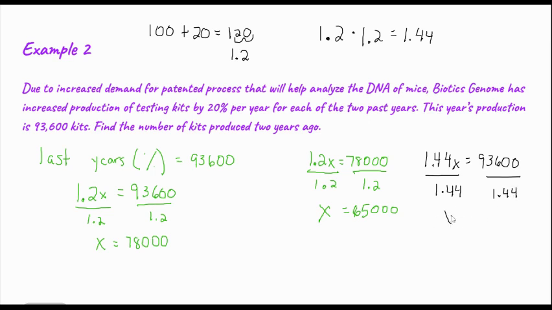Okay, and you get x equals 65,000 still. So there's a way to do it in one step. Now, there's nothing wrong with doing it recursively. That's up to you. But again, if we wanted to do it quickly and in one step, this would be your method.